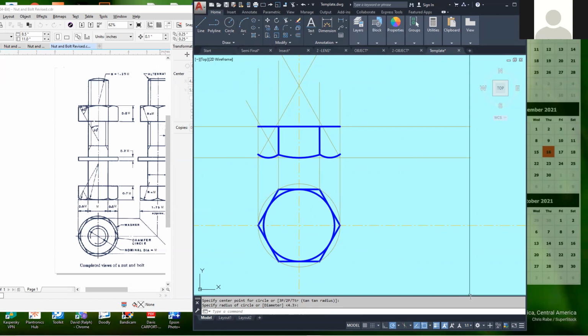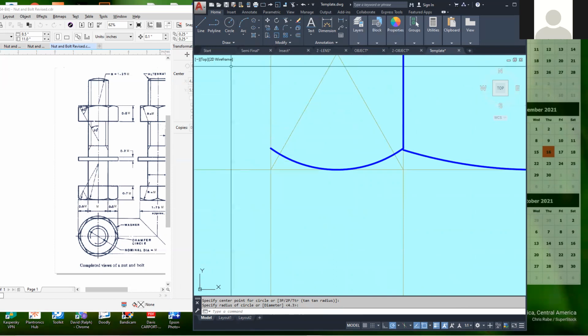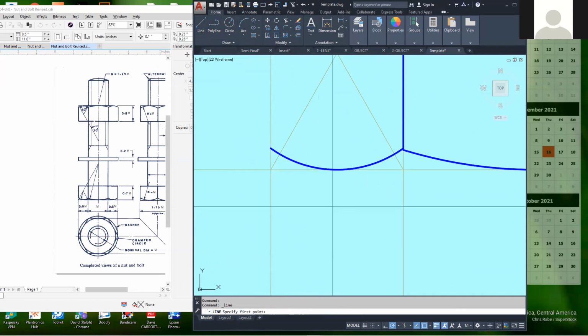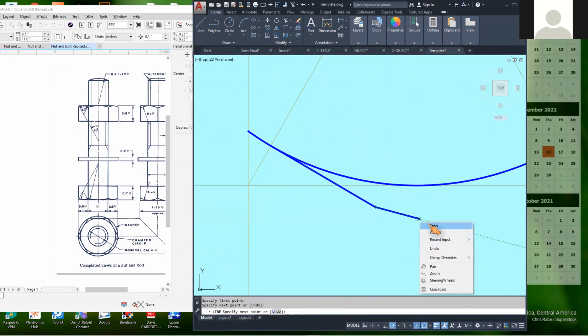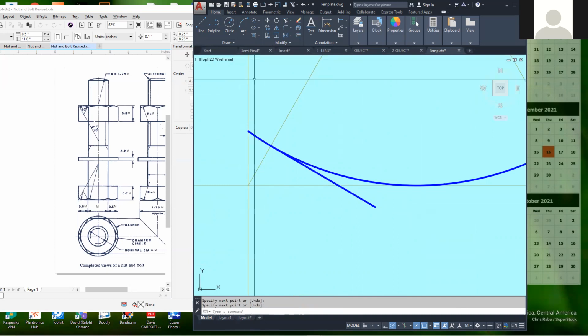If you check any bolts, you will see that there's a circle at the top, and these corners here are sloping. That means there's a 30-degree line going this way. 30 degrees, a 30-degree line from there.